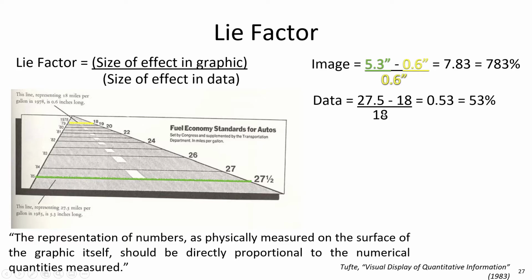Darn, that's a different thing. It's 5.3 inches long. 18 is the value here. There it is, 18, 27.5. So the difference between the two divided by 18 is a 53% increase. So 783 divided by 53 means my lie factor here is 14.8, meaning it is a ridiculously high lie factor.